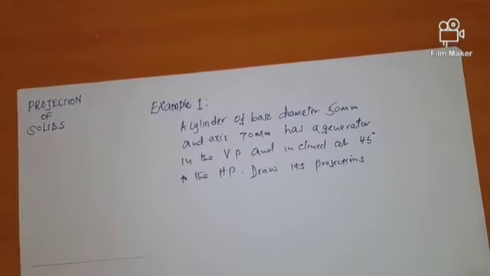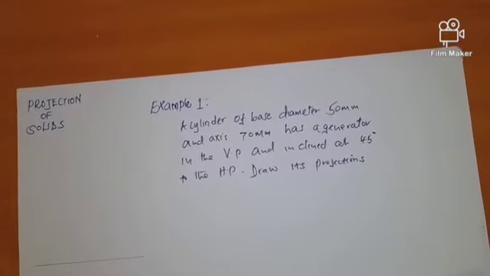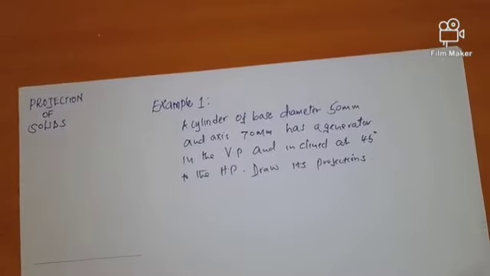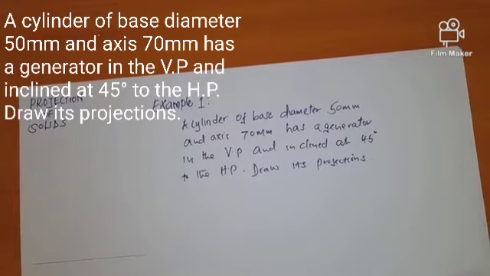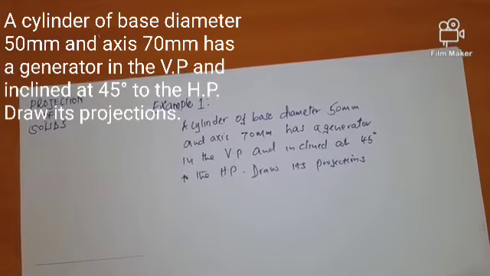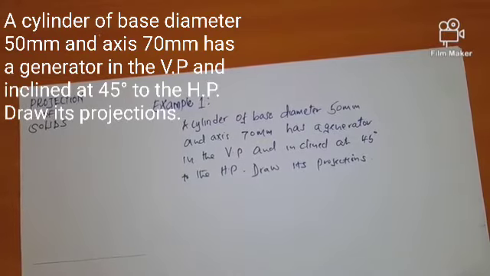We are going to look at projection of solids, and we have a sample question that we are going to work on. In a brief introduction, when we talk about projection, we are interested in finding the top view of a given solid figure and the front view. This is in relation to the vertical plane and the horizontal plane.